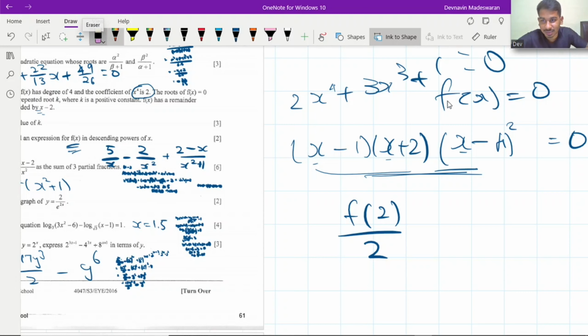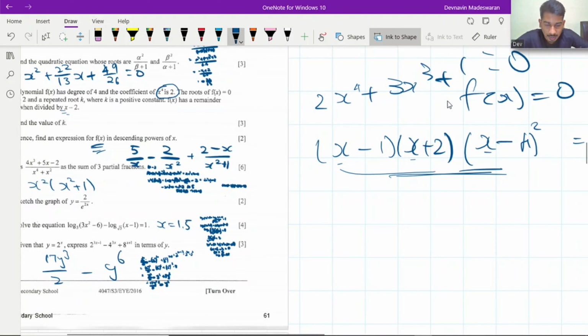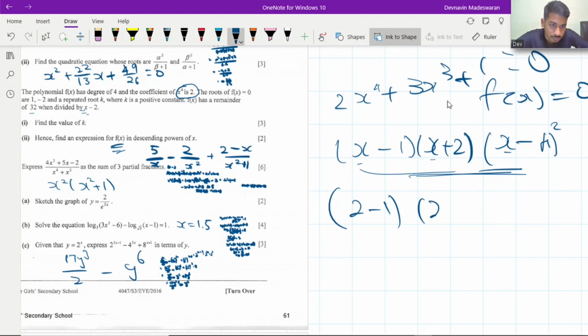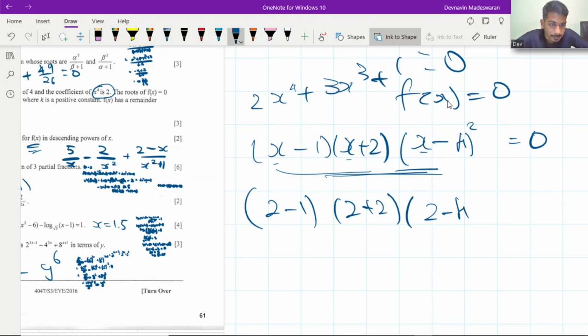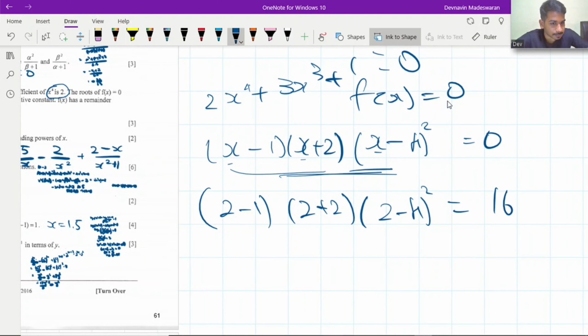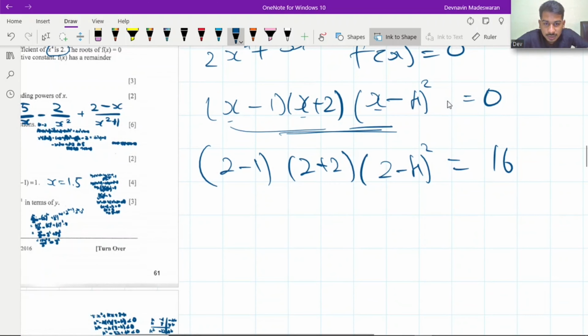So let's see if that actually works. Subbing in 2 minus 1, 2 plus 2, and then 2 minus k square is equal to 32 divided by 2. So it's going to be 16. And then it's going to be 4 times k square minus 4k plus 4 equal to 16.